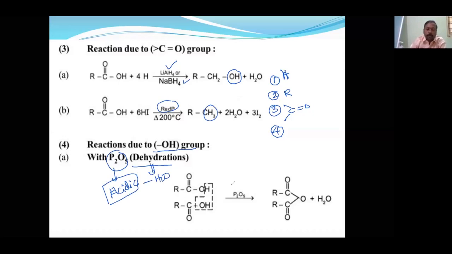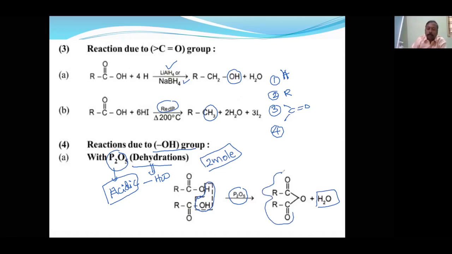Understood? Now, if we use P2O5, at least two moles of acid are required, and both will not give the same thing. One will provide OH, another will provide hydrogen. So both will be formed as H2O.